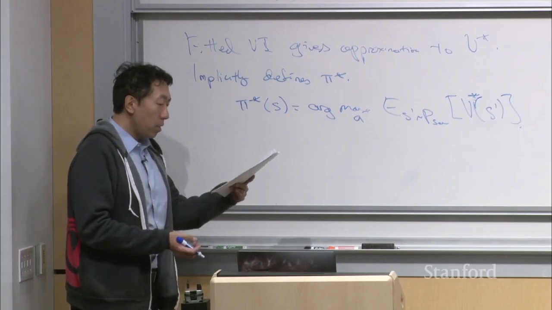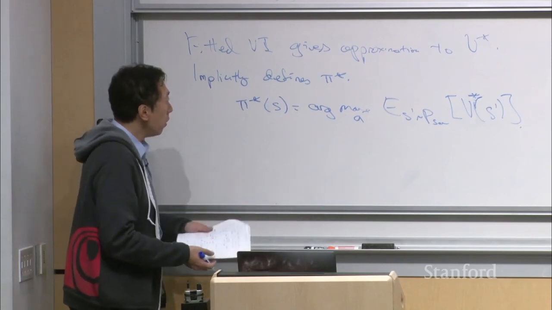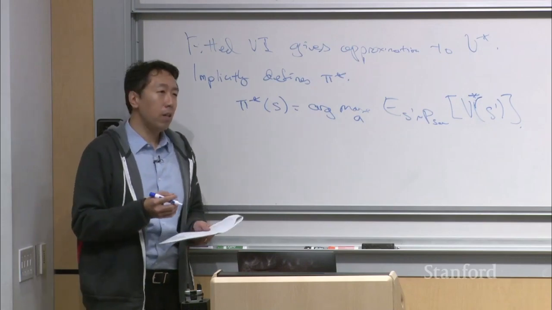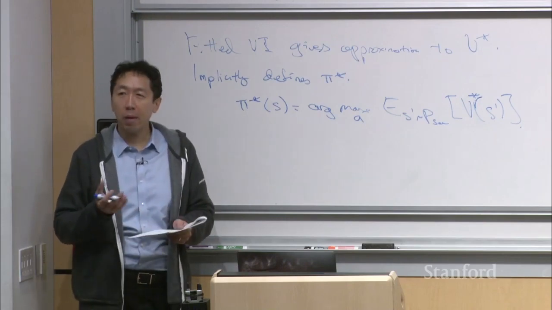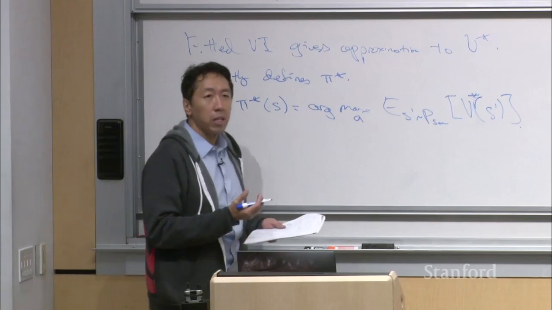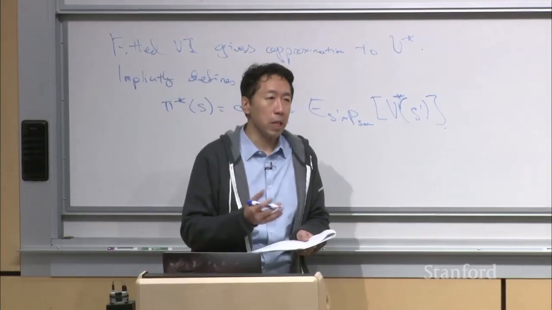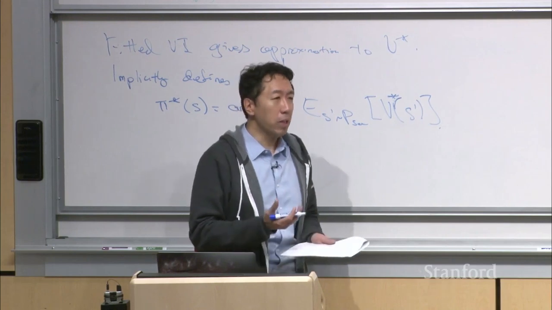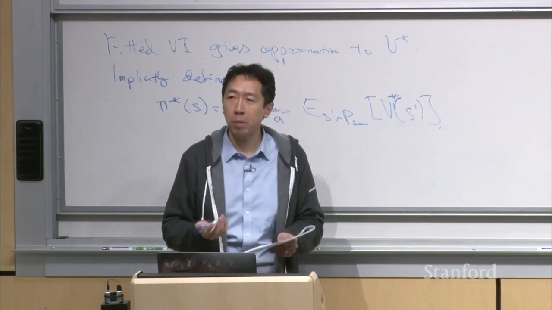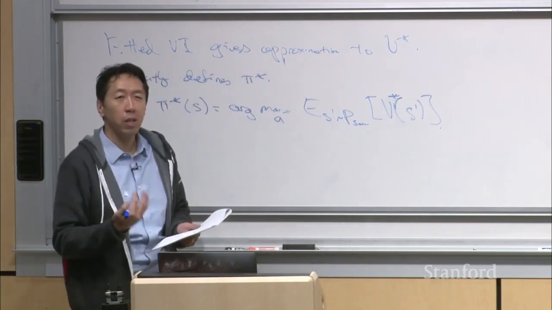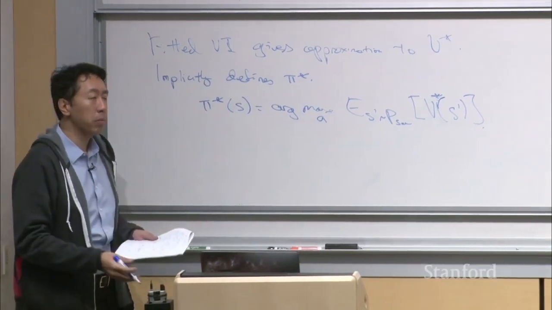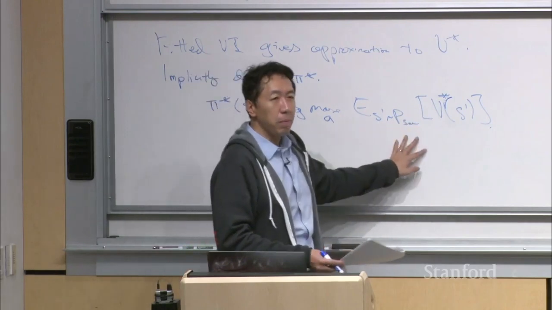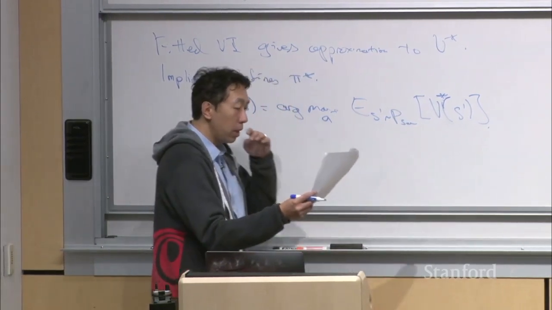So if you're running a robot in real time, if you fly a helicopter, you might have to choose control actions at 10 hertz, meaning 10 times a second. You're given a state, you have to choose an action. If you're building a self-driving car, again, a 10 hertz controller would be pretty reasonable. But how do you compute this expectation and this maximization 10 times per second?